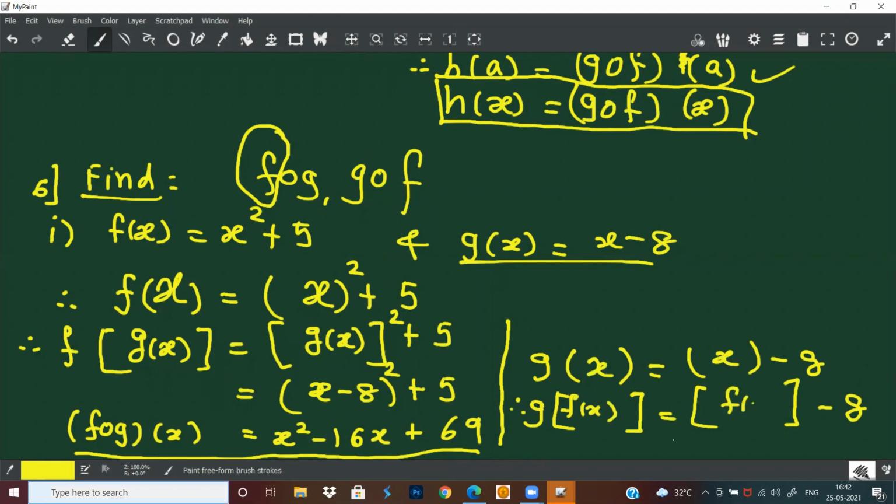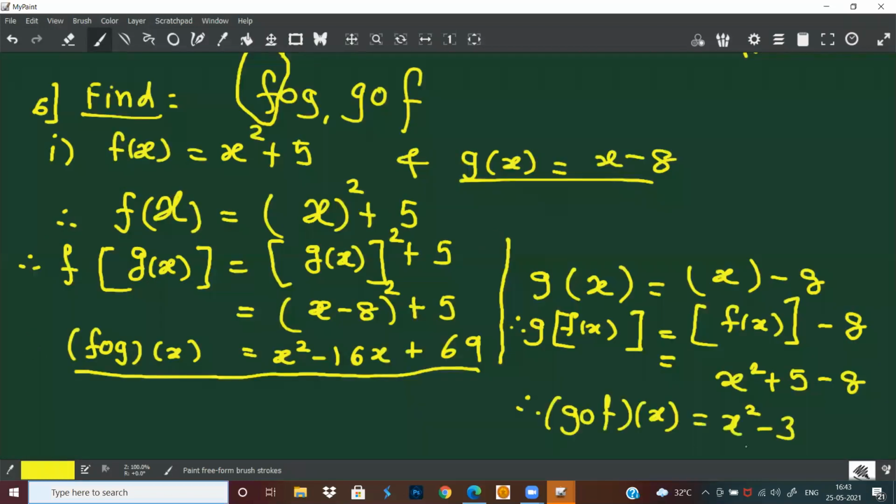If you write the empty box it will be very easy. Later you copy what is f of x, which is x square plus 5 minus 8, so your answer for g of f of x is x square minus 3. Is that clear? All of you followed?